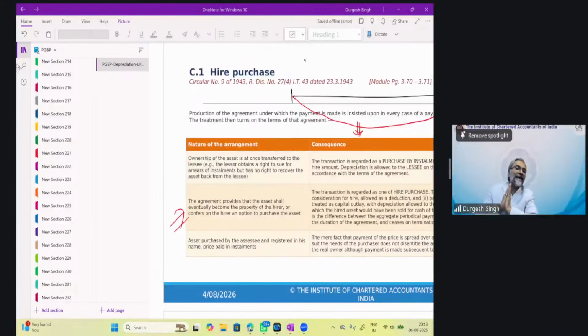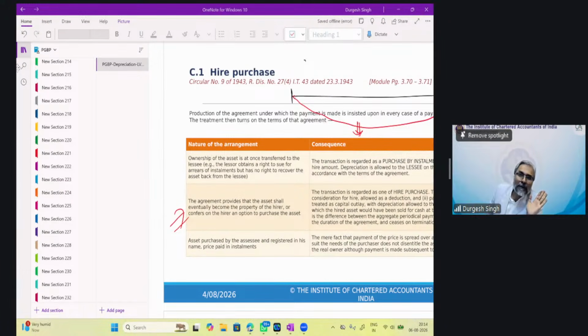That is the time when my rights on that asset will get extinguished. But till the time I am paying the installment, the supplier, the vendor, does not have the right to take back the asset, which was not the case in a lease agreement.